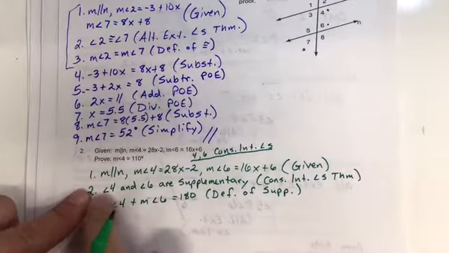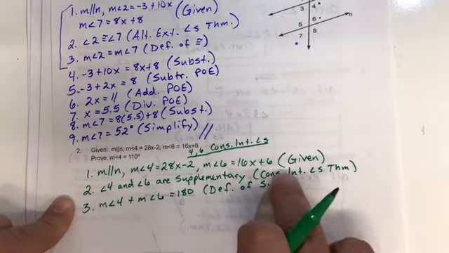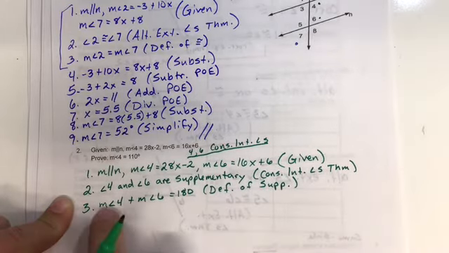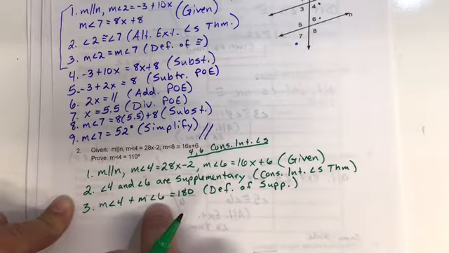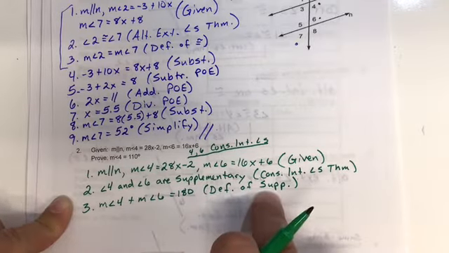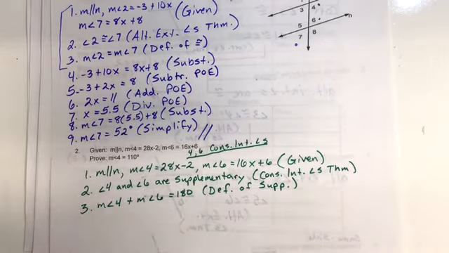So angle 4 and angle 6 are supplementary because of the consecutive interior angles theorem. And so the next line is that I have this equation. The measure of angle 4 plus a measure of angle 6 equals 180 by the definition of what supplementary means. That allows me to have something to plug into. And this is how the rest of the proof should go.